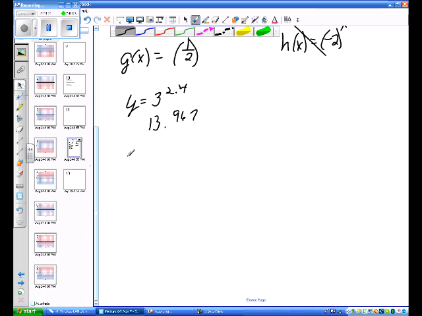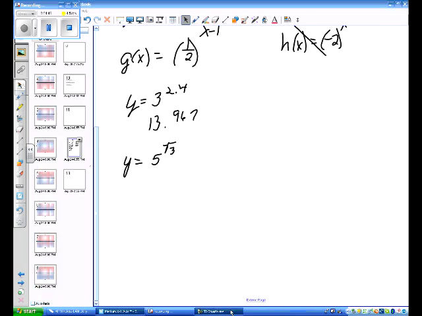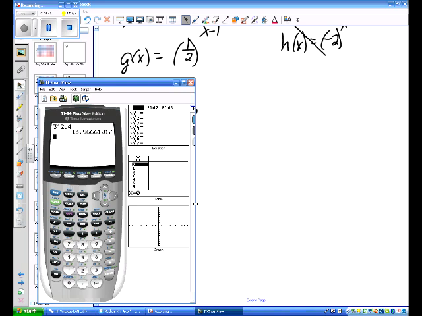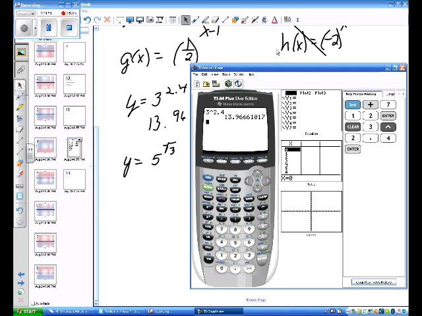Okay, if we had y is equal to 5 raised to the square root of 3. Well, we want to do this one on the calculator. So let's pull it up. And I wanted to make that just a little bit smaller so that we could move it over and see the problem. There we go.